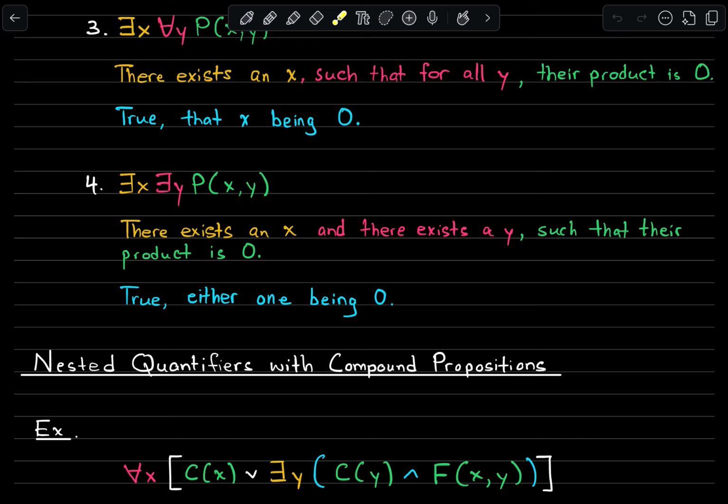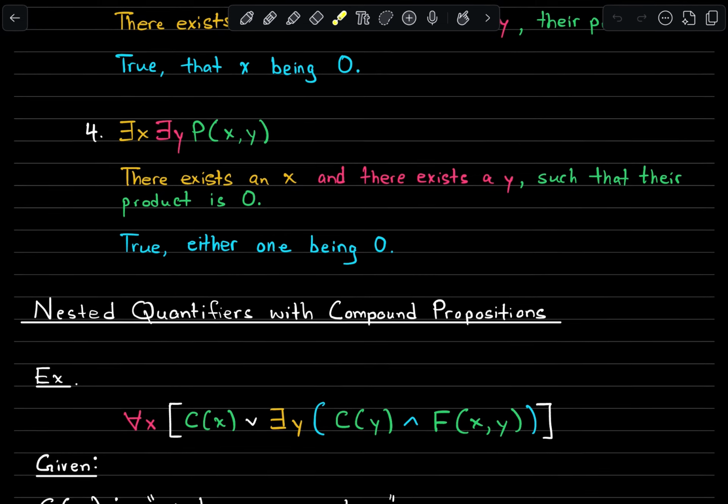Inside the brackets, we've got the main operator, which is the disjunction. It's a disjunction of C of x, our first function, and a different quantified statement. We've got an existential quantifier, which applies to this inner parentheses, which is a conjunction: C of y and F of x,y.